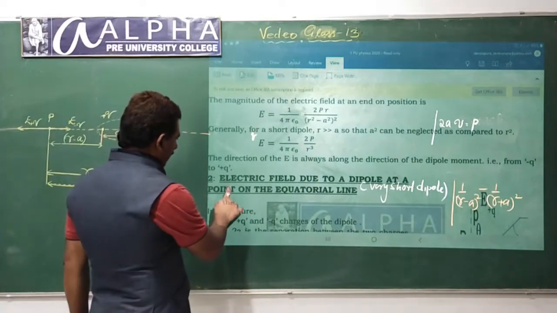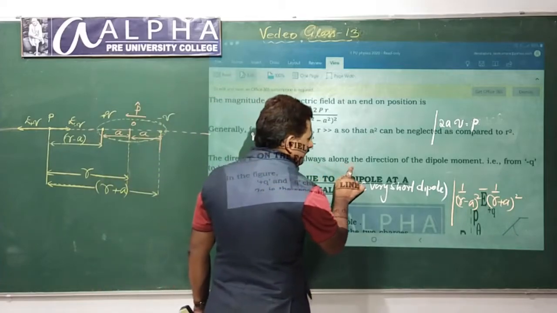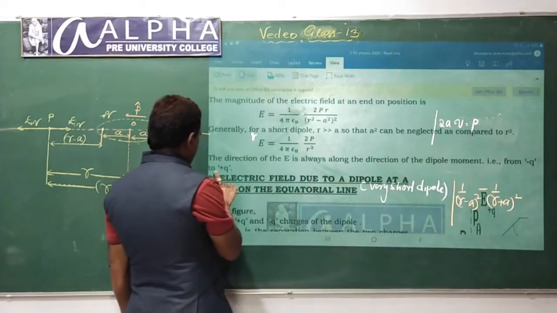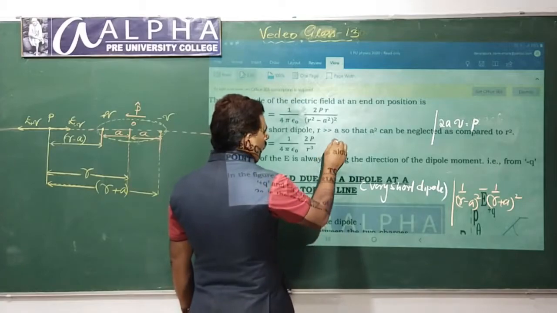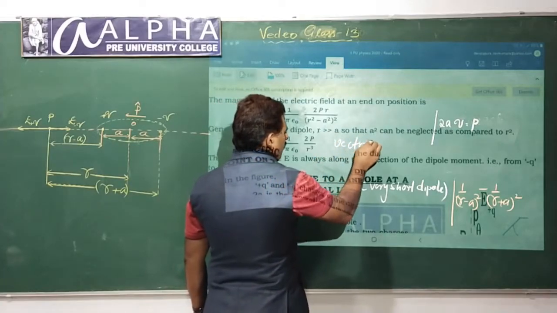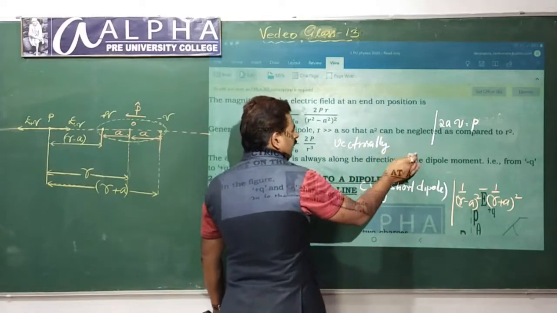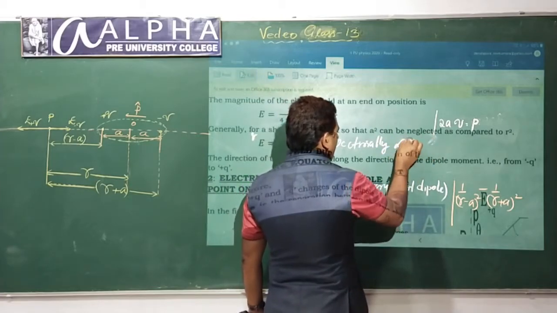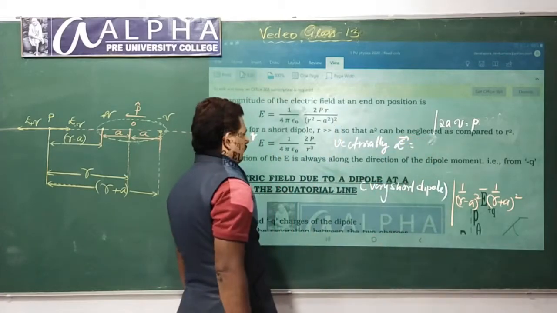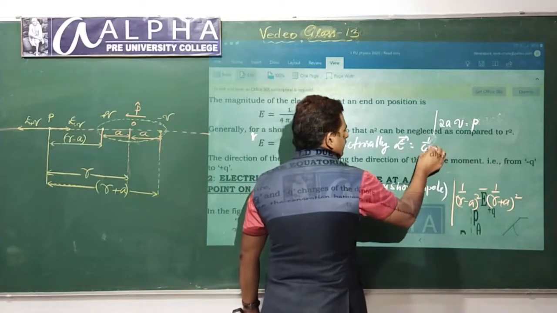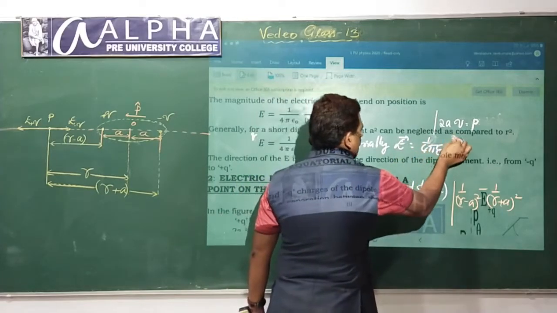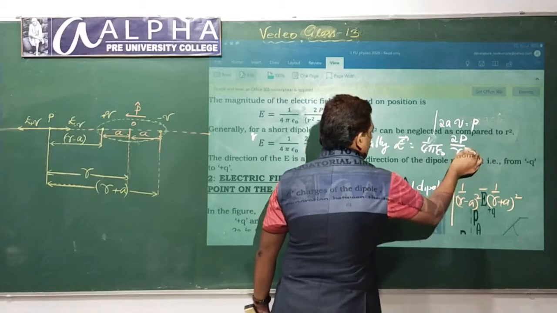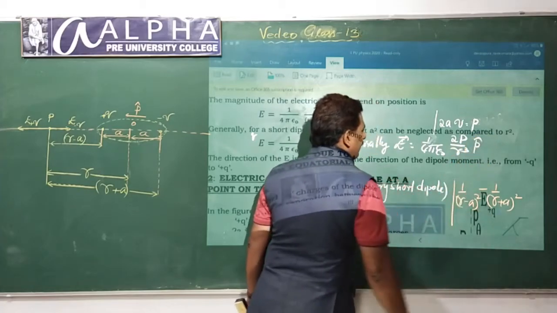Next, you write the value. See here, the direction of electric field is always in the direction of dipole moment from minus q to plus q. Vectorially, you can add a word here, vectorially. If you want to write vectorially, electric field vector E equals 1 over 4 pi epsilon 0, that is 2p divided by r cube, unit vector p.